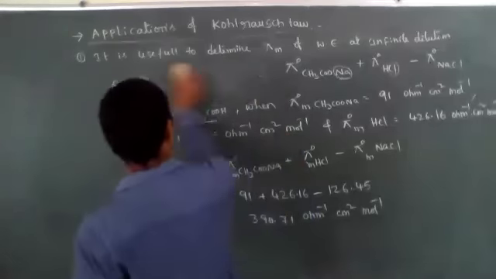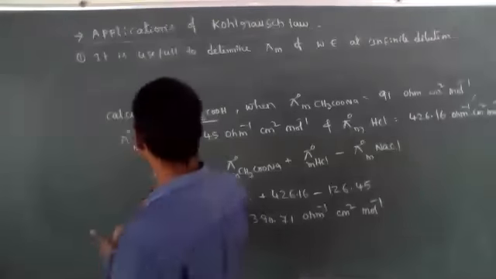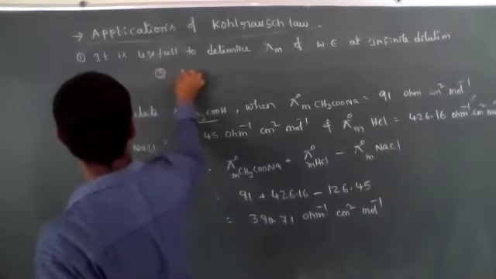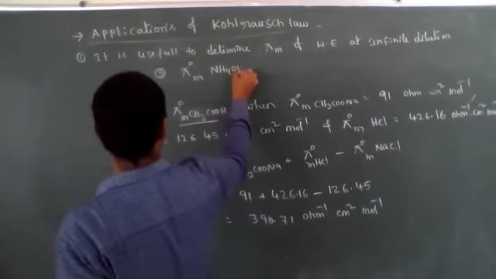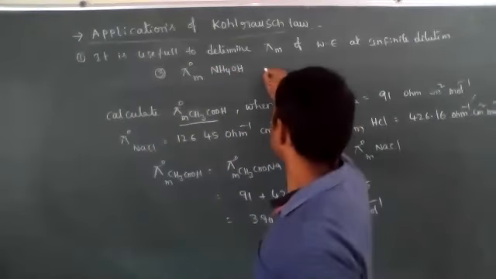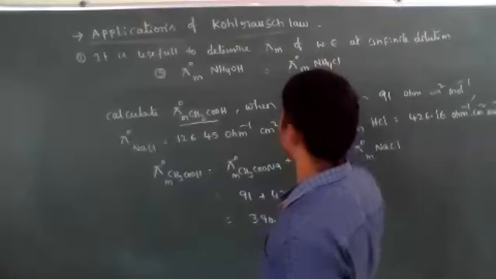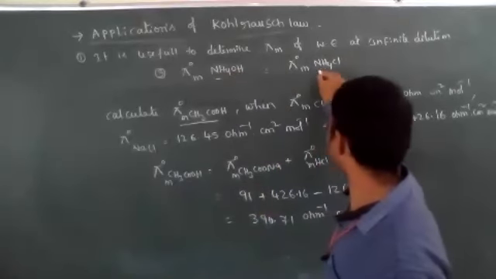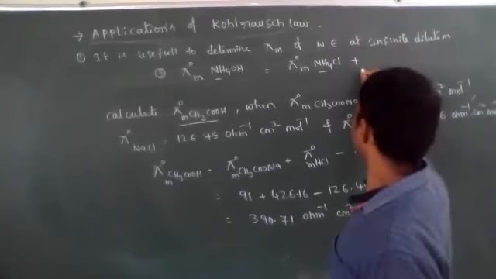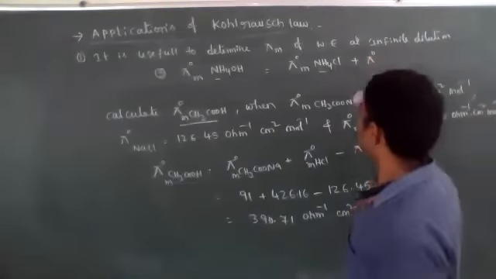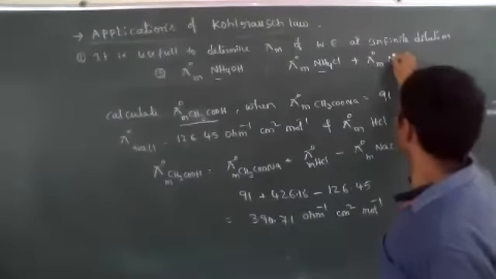In the same way, one more example: the molar conductance of ammonium hydroxide NH4OH is equal to the sum of the molar conductance of ammonium chloride NH4Cl. See, NH4 plus is already there for NH4OH, but Cl minus we need to subtract. Plus the molar conductance of sodium hydroxide NaOH.